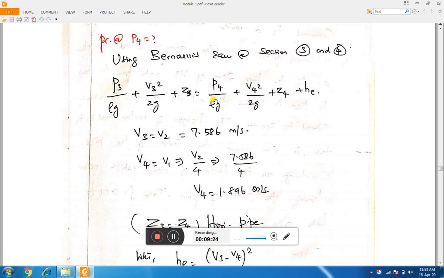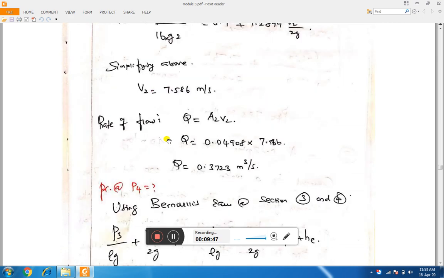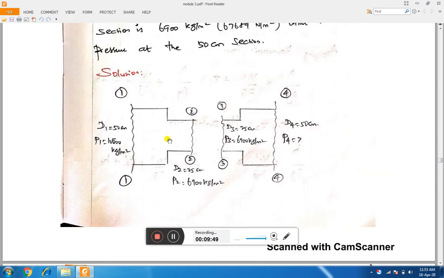Now z3 equal to z4 because it is horizontal, and v3 equal to v2 because the diameters at section 2 and section 3 are the same. So velocity will remain constant, because using the continuity equation, q equal to a1 v1 equal to a2 v2 equal to a3 v3 equal to a4 v4. Since the area of section 1 and section 4 are the same, velocity will be the same at section 1 and section 4.